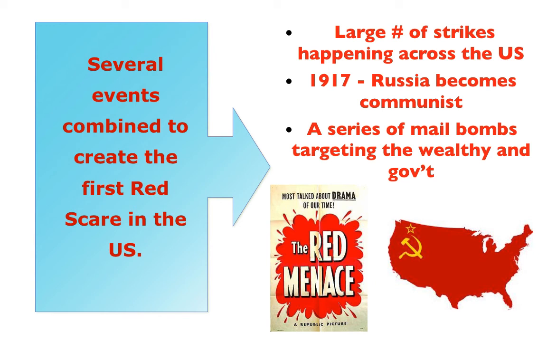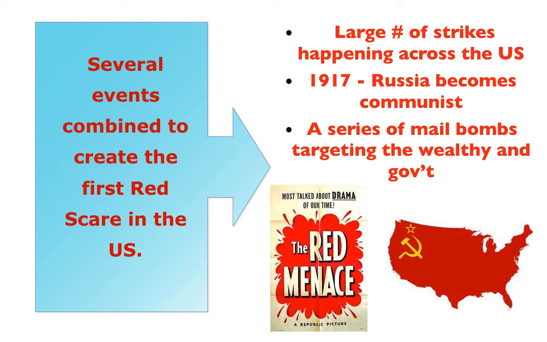People become very scared that communism is going to take over the United States, and that the United States is going to become a communist country. You should understand that there are going to be two red scares in American history. One is going to be right after World War One, and one is going to be right after World War Two. It's really easy to remember in that way.